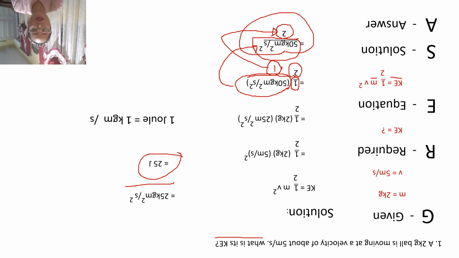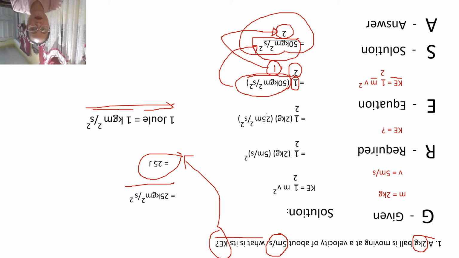Always remember that 1 joule is always equal to 1 kilogram meter squared per second squared. So in our problem, the 2 kilogram ball, which has a velocity of 5 meters per second, has a kinetic energy of 25 joules. That is an example of how to solve problems involving kinetic energy.